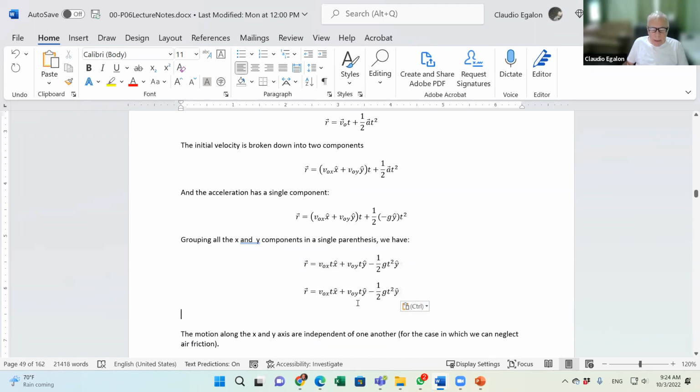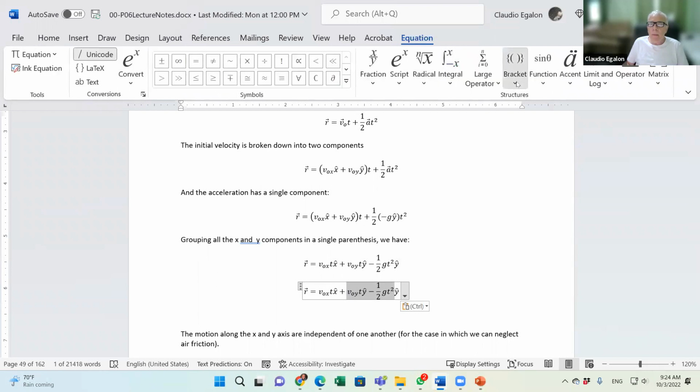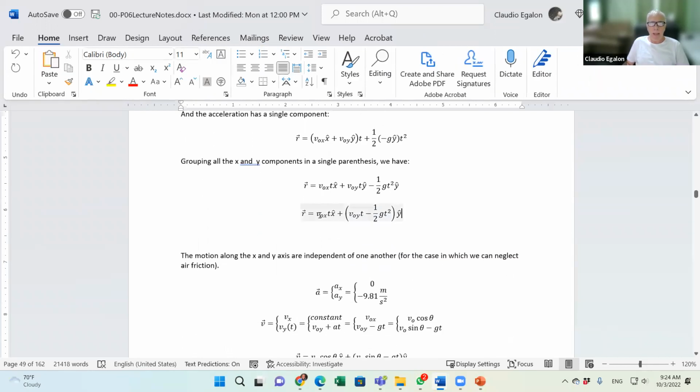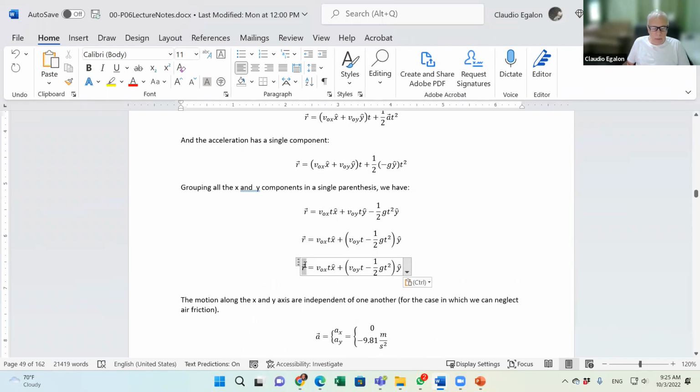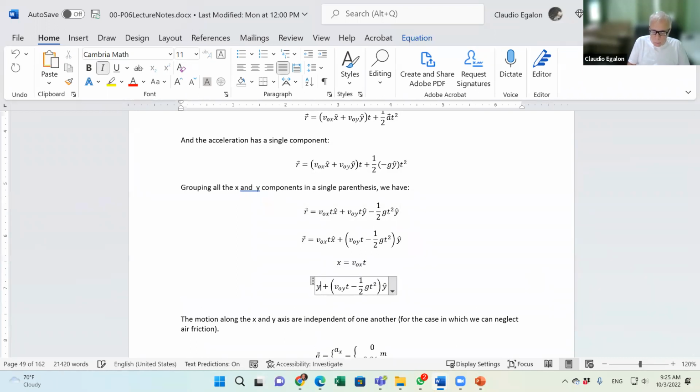And now we have this equation. This part here is uniform motion. This part here is uniformly accelerated motion. And writing that, here you go, breaking down the vector r into x and into y.